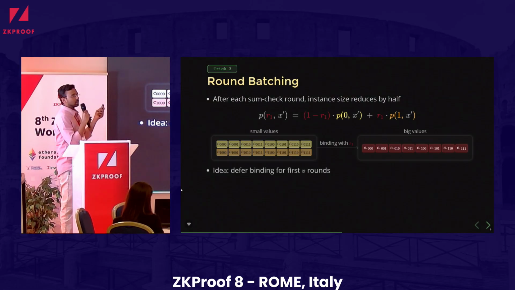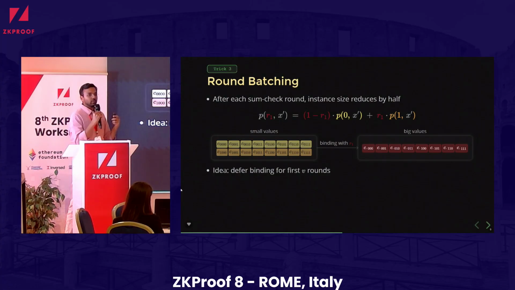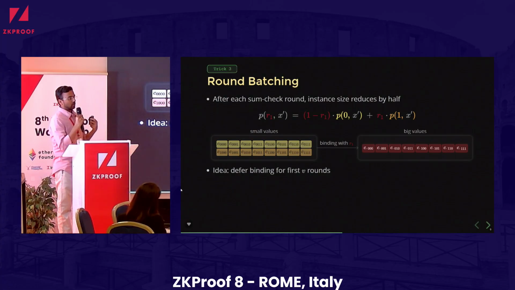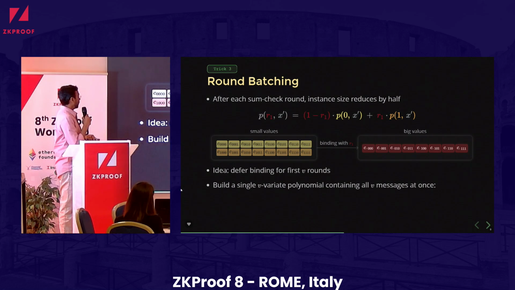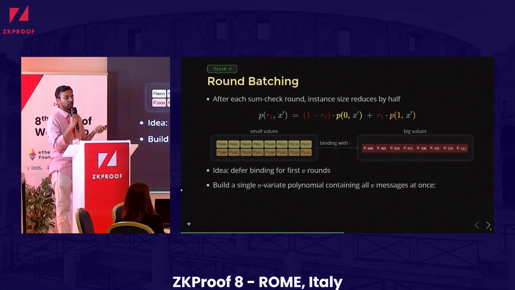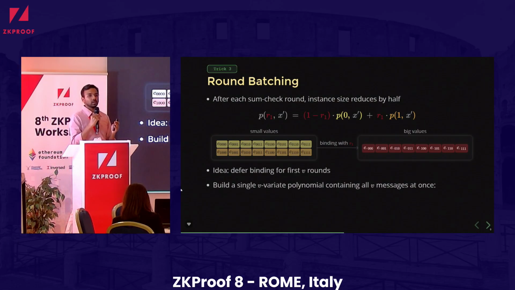And the idea is, can we avoid this? Can we avoid binding after every round? And can we defer the binding till, let's say, v number of rounds? Turns out we can. And for that, we just need to build this single multilinear polynomial that should let us compute all the v round messages.